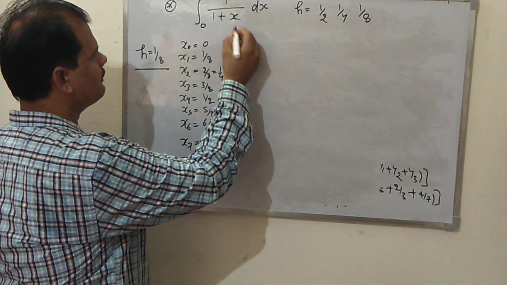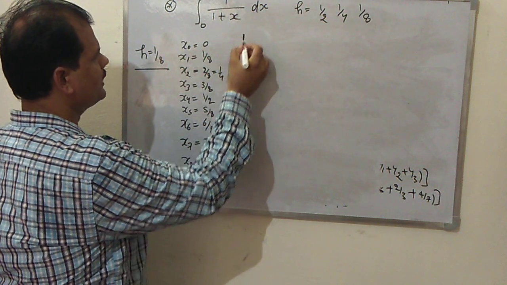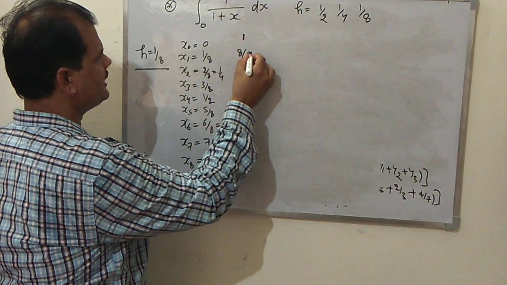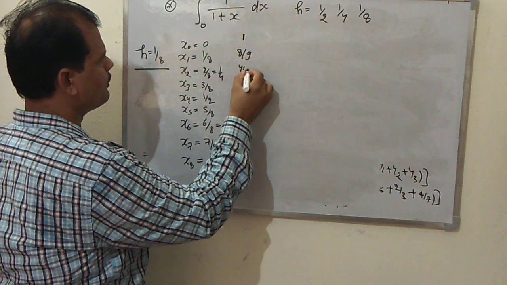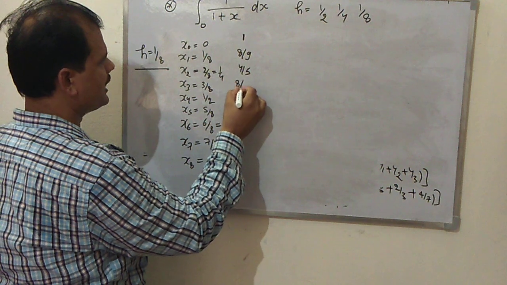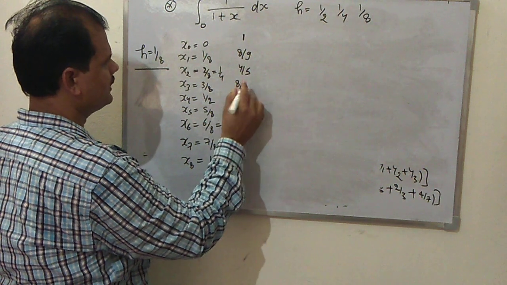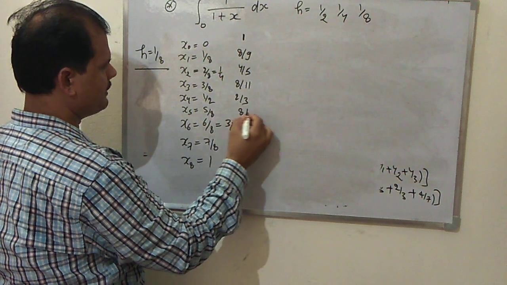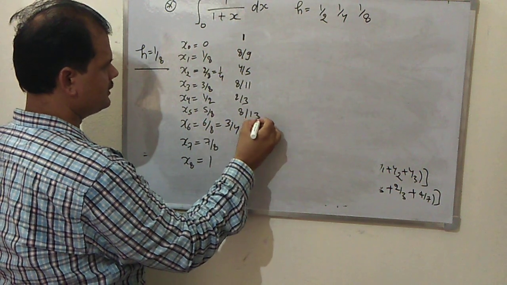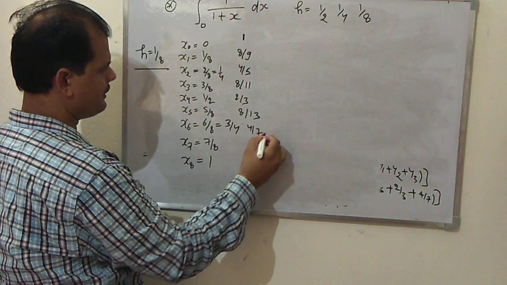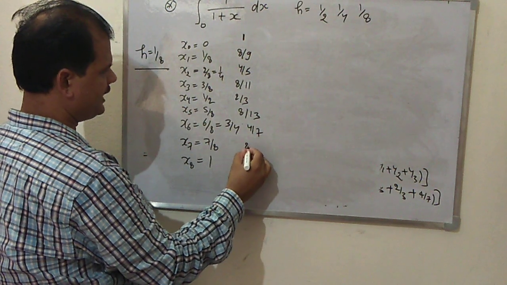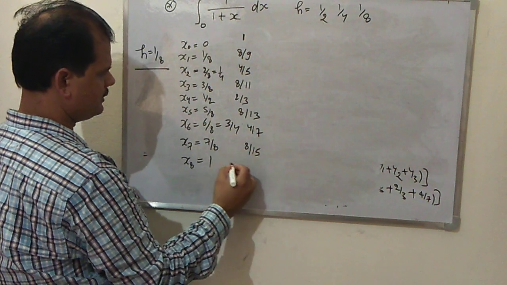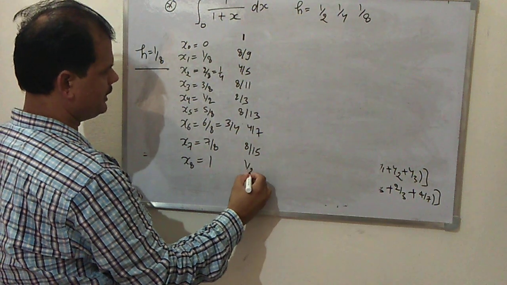For the corresponding y we have 1, here we have 8 by 9, here 4 by 5, here 8 by 11, here 2 by 3, here 8 by 13, here 4 by 7, here 8 by 15, and here 1 by 2.